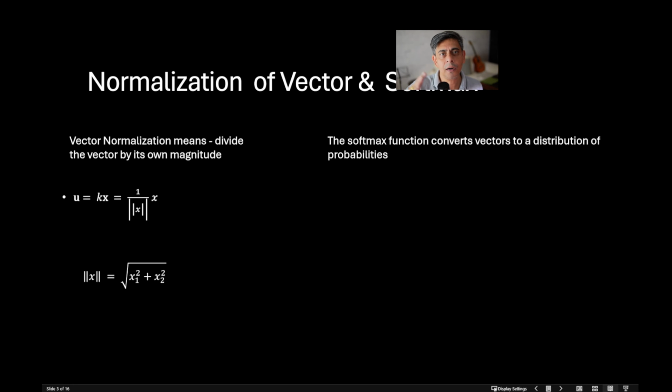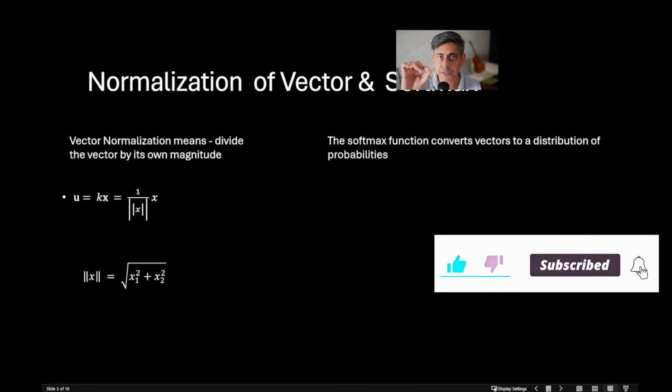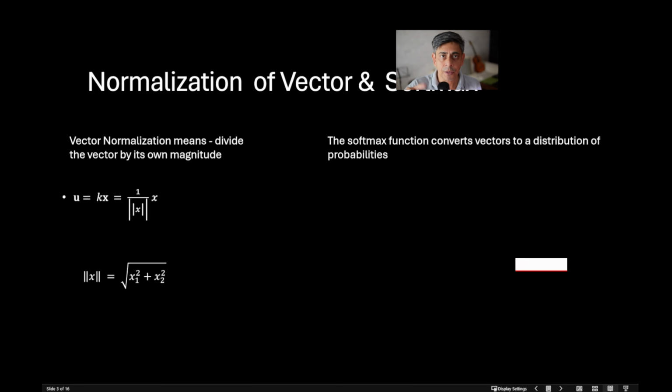We are converting the values of all the vector components to within 0 and 1 so that they represent a probability or a weight. Scaling the data points within 0 and 1 is actually normalization. Although they are used in different contexts, for example softmax, the idea is more or less the same. In the softmax we take a value, exponentiate it, and then divide by the sum of all the other values as the denominator, therefore converting it into a weight.